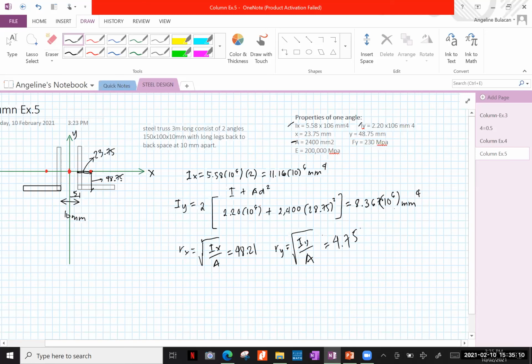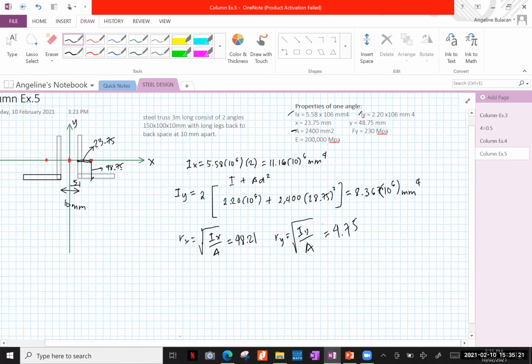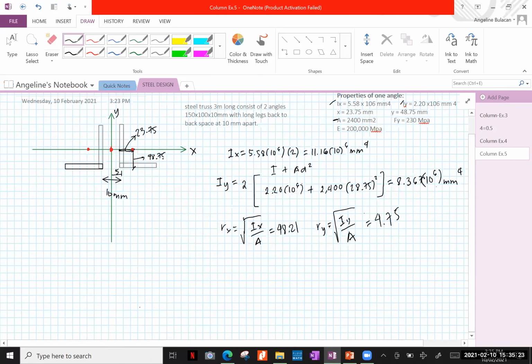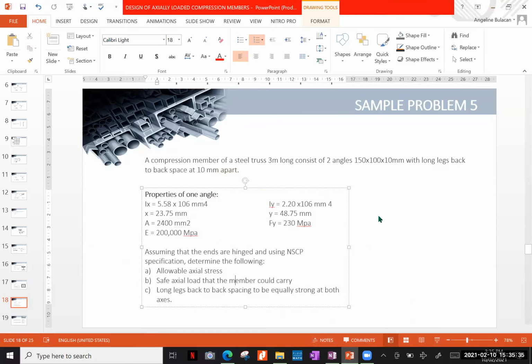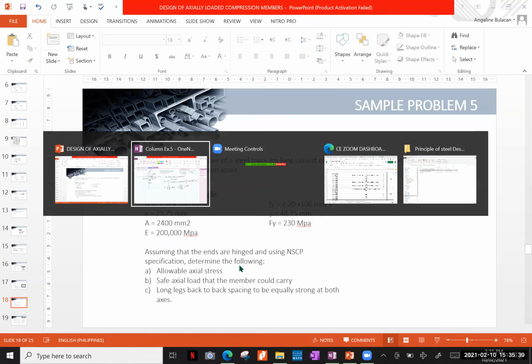So here, use the least radius of gyration. Tama ba? Yan. Try natin Le over rx. Ang Le, ano na nga yun? Hinge at both ends ba? Check ko. Okay, so hinge daw.